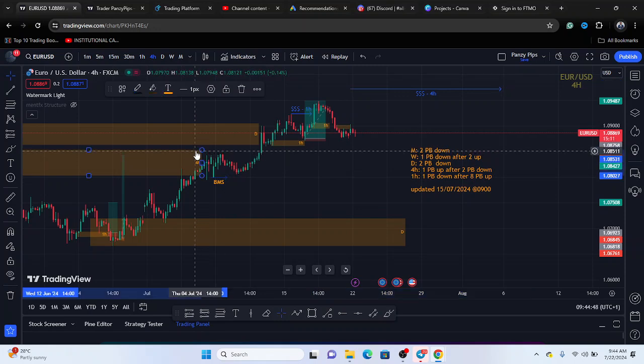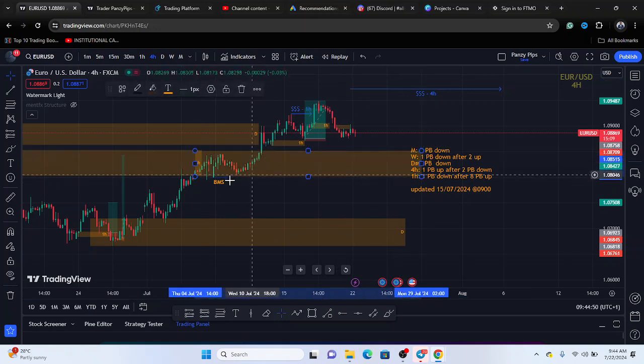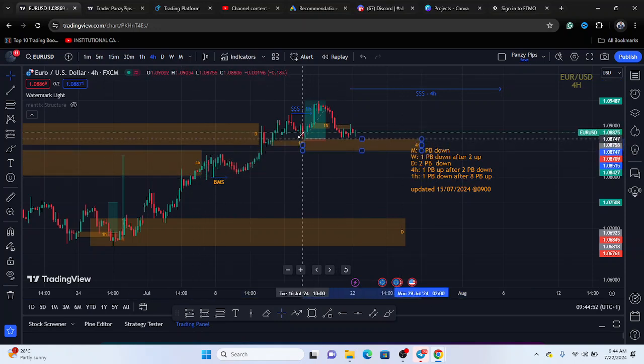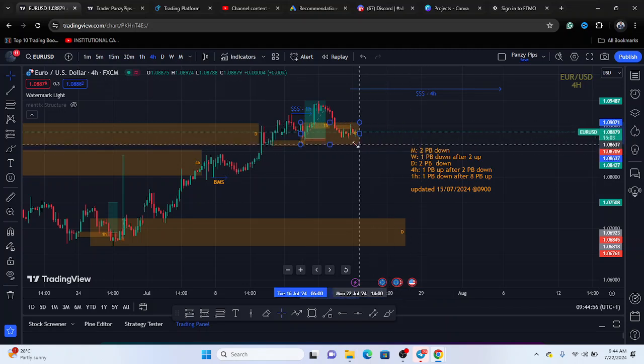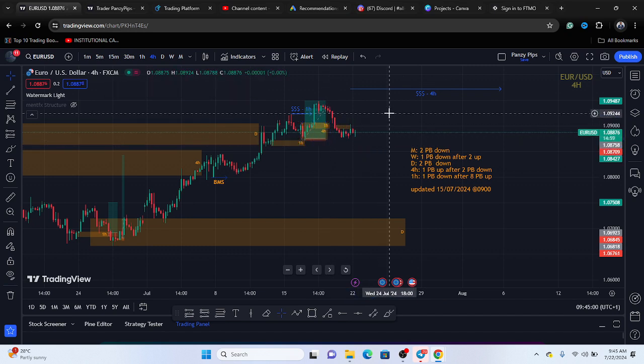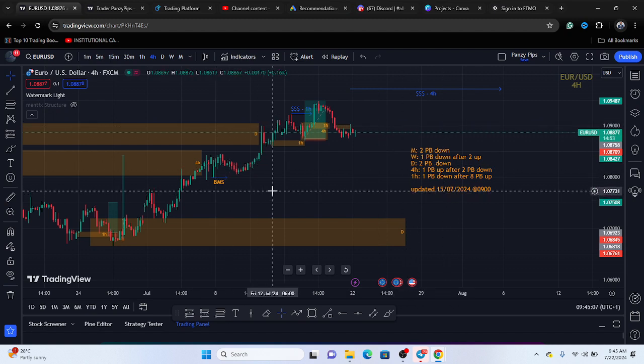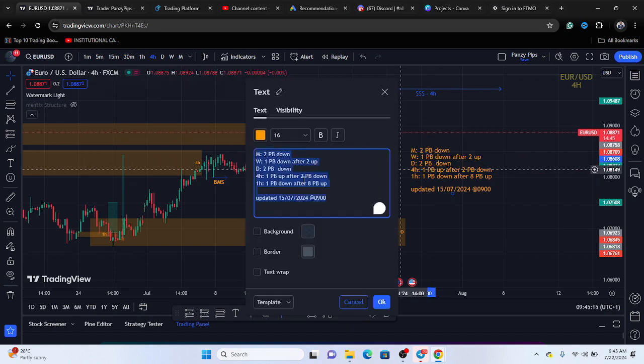Let's pull this, come this way, and then this way. Alright, so the 4 hour at 15 was 1 PB up. Where's 15? 15 should be somewhere around here. Okay, so 1 pullback, 2, so now we're 2 PB up on the 4 hour.